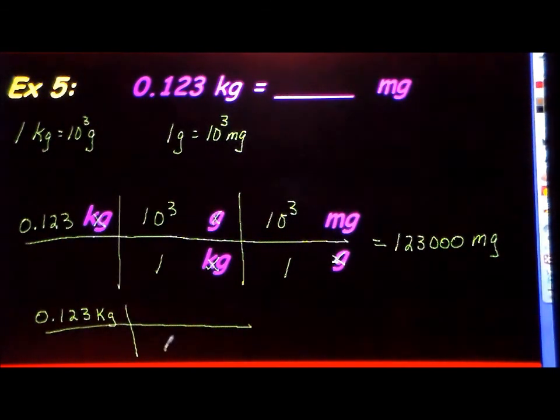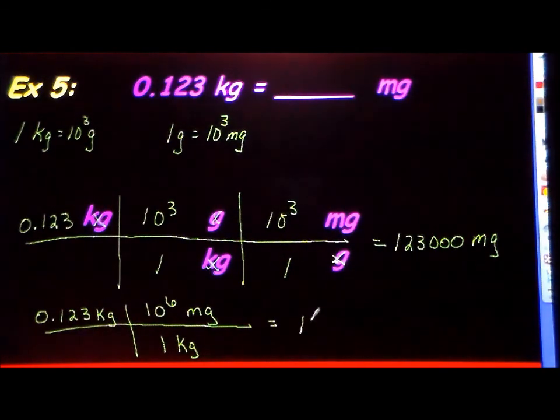And if I did that, I would have 1 kilogram down here, but because it was 6 spaces to get to milligrams, I could just do it in 1 conversion factor, and 10 cubed times 10 cubed is going to be the 10 to the 6th, because from your algebra class you should remember that when you multiply powers you add the exponents, and so that should give me the same 123,000.